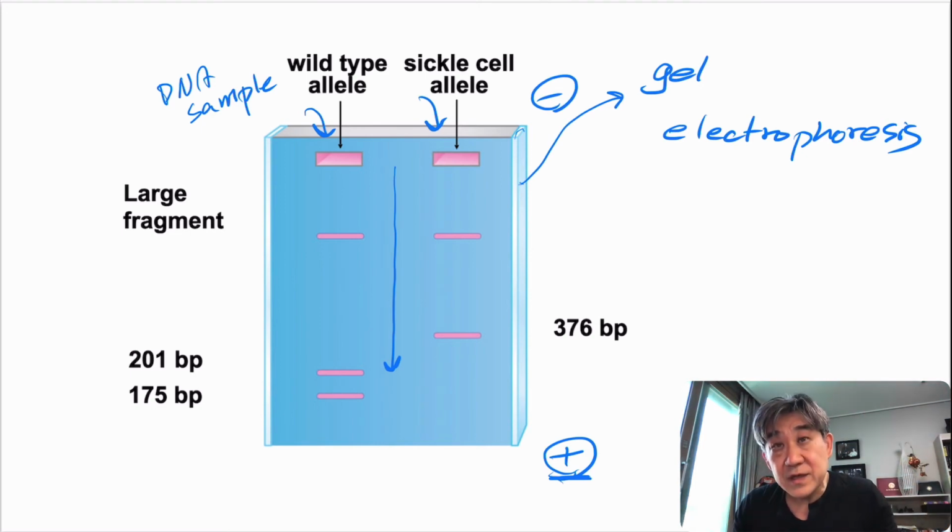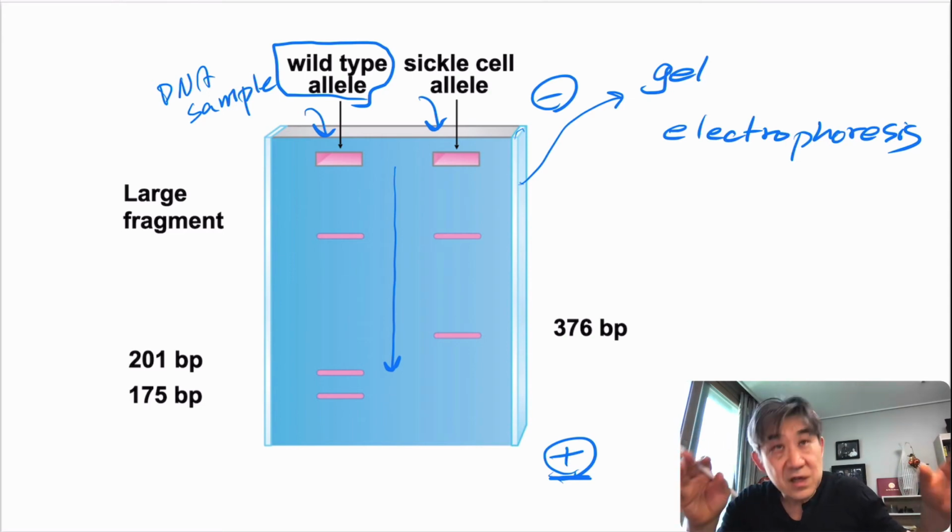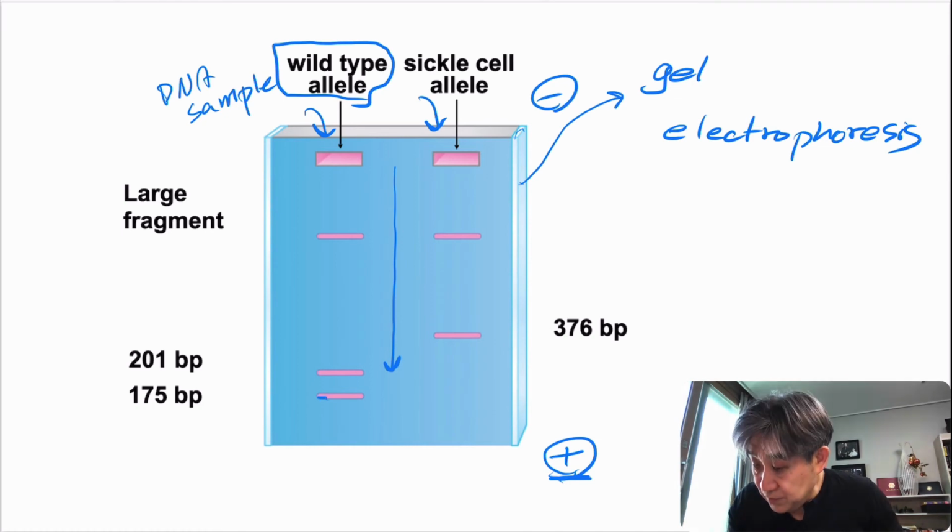So all these nucleic acids end up according to their relative sizes. So in wild type, if you run your DNA sample after subjecting it to that particular restriction enzyme, at least as far as that area of the beta hemoglobin gene is concerned, you have 3 fragments. 1, 2, 3.